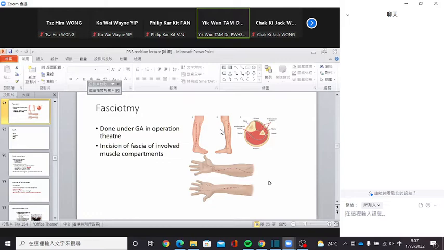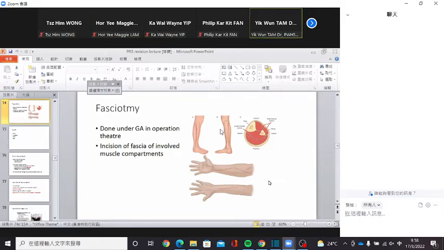For fasciotomy, the perfusion impairment is due to the muscle swelling. It could be due to some very deep burn involving the muscle, or it could be due to electrical burn that a current passed through the muscle group, causing the muscle to be damaged and swell up.